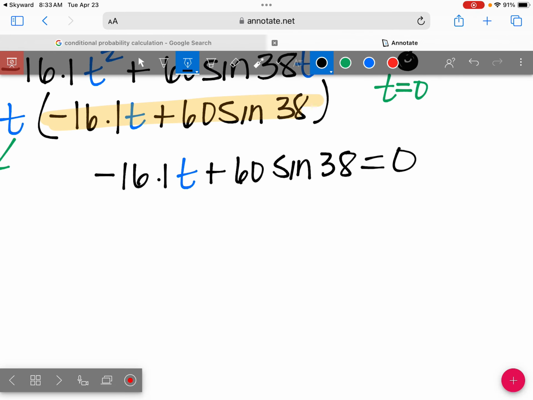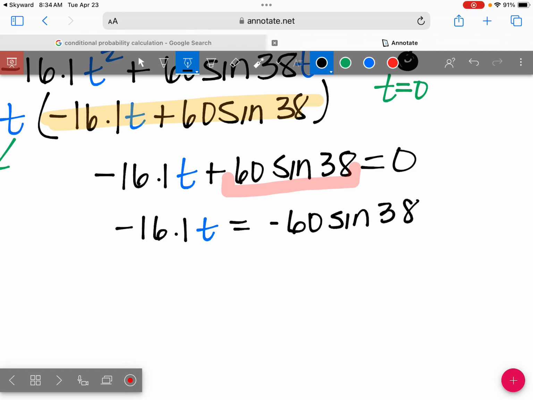So I'm going to subtract, because this is a number, which is going to give me negative 16.1 t, and that's going to equal negative 60 sine 38. And then I'm going to divide both sides by negative 16.1.